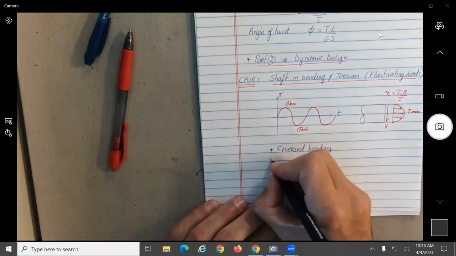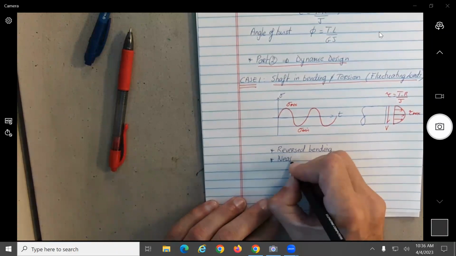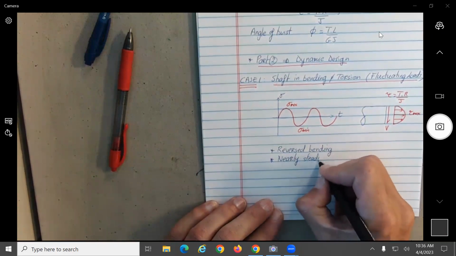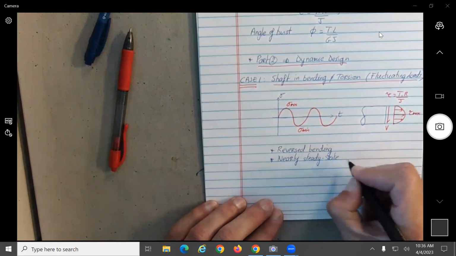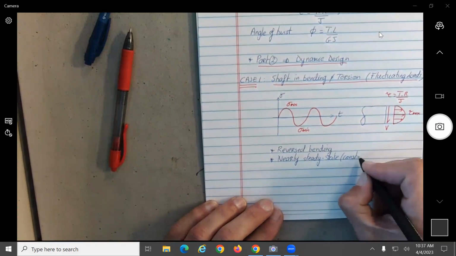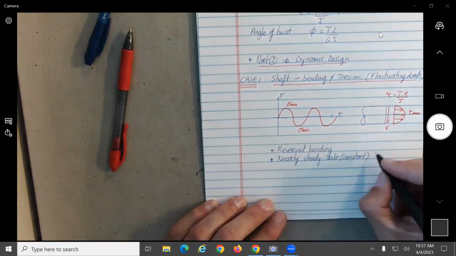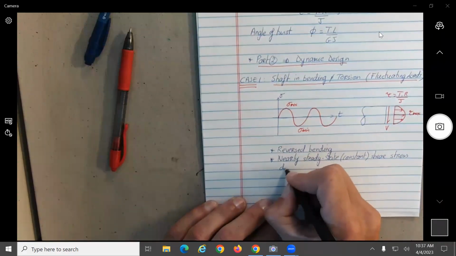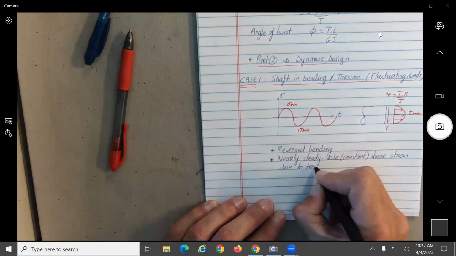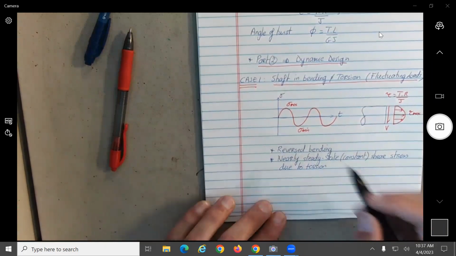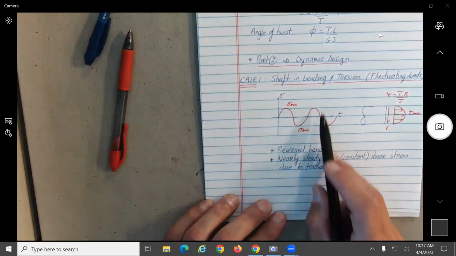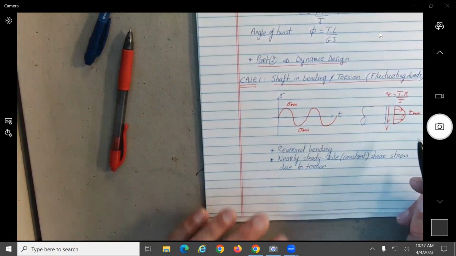And we can say nearly steady state, which means what? Constant shear stress due to torsion. So in other words, this figure here indicates the reverse bending, going from maximum value to minimum value, and this will be basically almost constant.